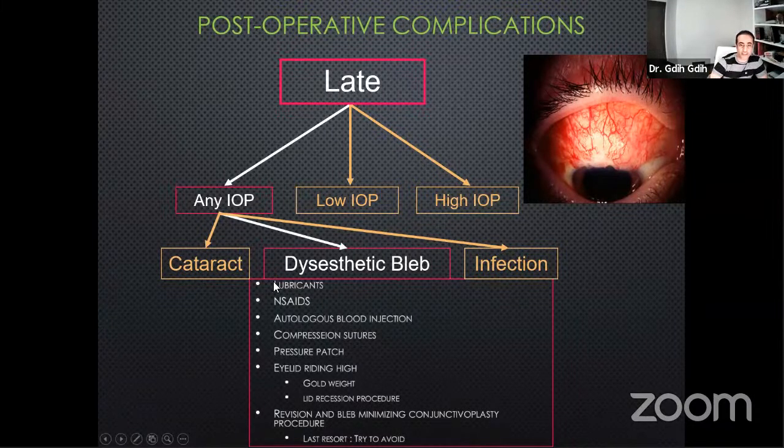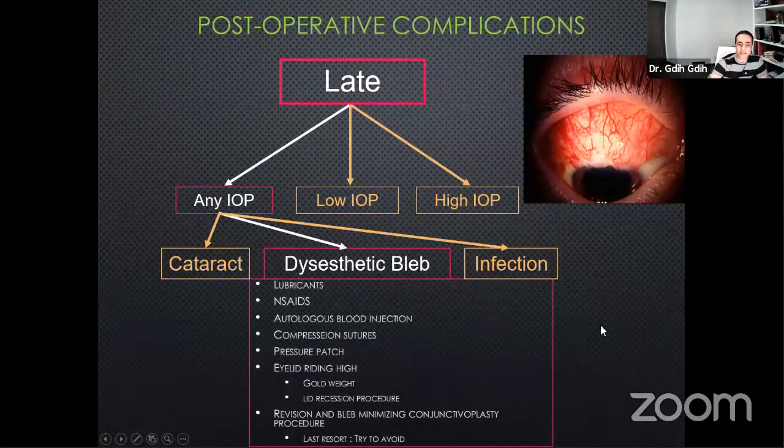complication to deal with, but you can try lubricants, non-steroidal anti-inflammatory drugs, autologous blood injection to reduce the bleb size, and compression sutures to reduce the bleb size as well. You can try a pressure patch. Sometimes the eyelid is riding high above the bleb.